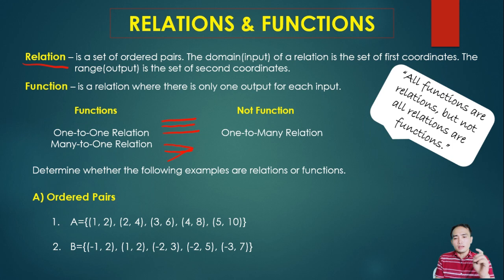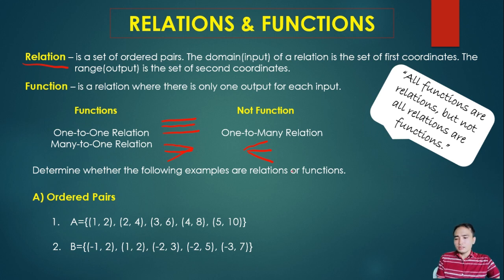While a relation is not a function kapag one to many relation yung ating example. Okay? So one to many. Ibig sabihin, yung same lang yung input natin and then meron siyang dalawa or mas higit pang output. So that is one to many relation.